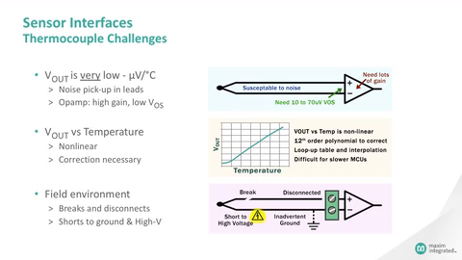Common general-purpose op-amps have offset voltages in the 1 millivolt range, but an op-amp used in this application requires a much better specification, generally in the range of 10 to 70 microvolts. And that amplifier will need a gain of roughly 32 to 128, and that gain must be fairly accurate.